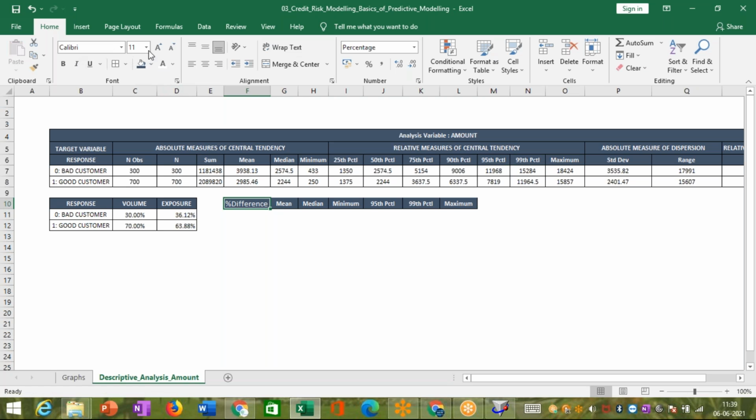This is the percentage difference that I am looking at for the central tendency measures. Similarly, I look at the percentage difference for the measures of dispersion. This is measures of central tendency.